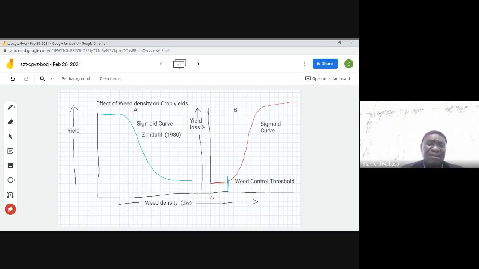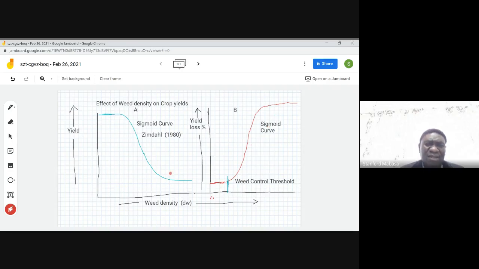Now, there are other scientists who think that probably this shape is not representing the actual situation, and that this could be misleading.